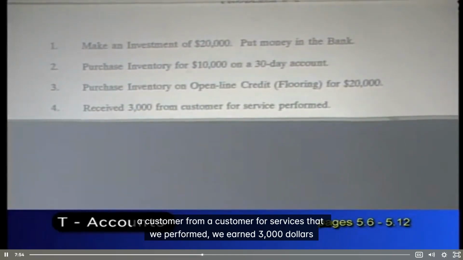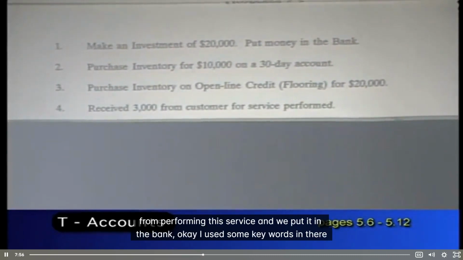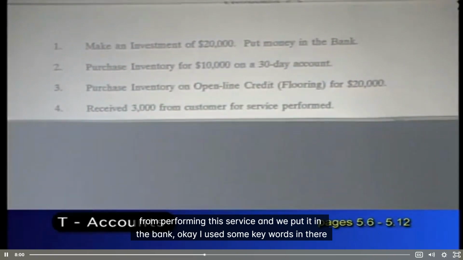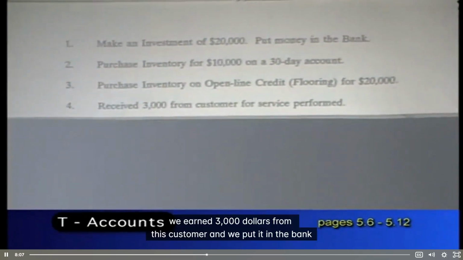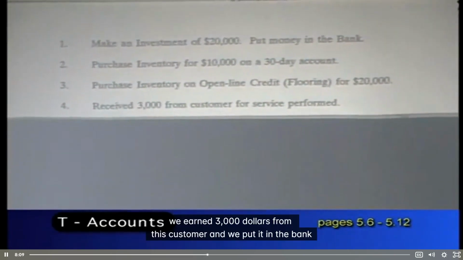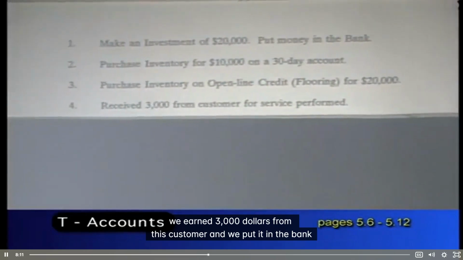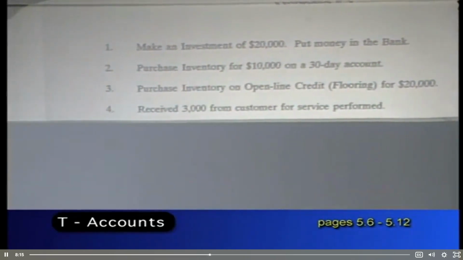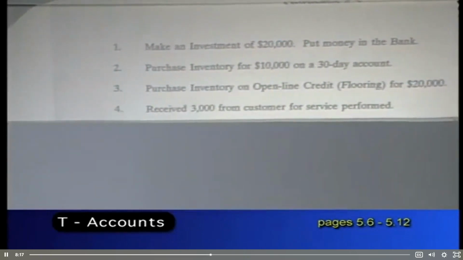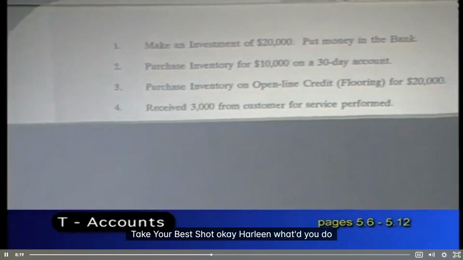We earned $3,000 from performing this service, and we put it in the bank. Okay? I use some key words in there. We earned $3,000 from this customer and we put it in the bank. Take your best shot.